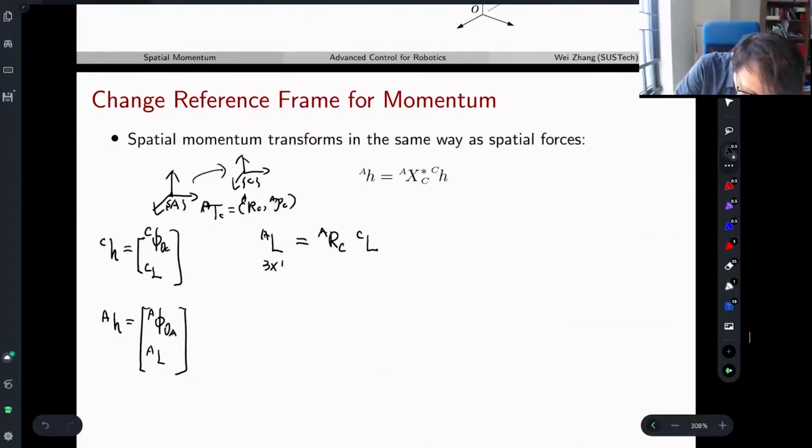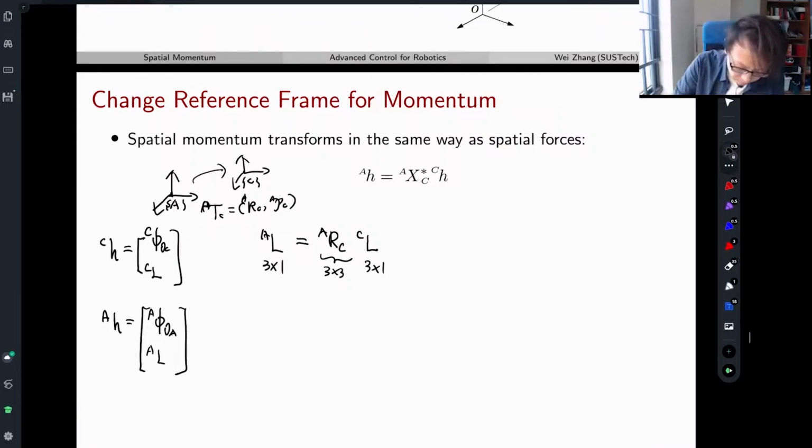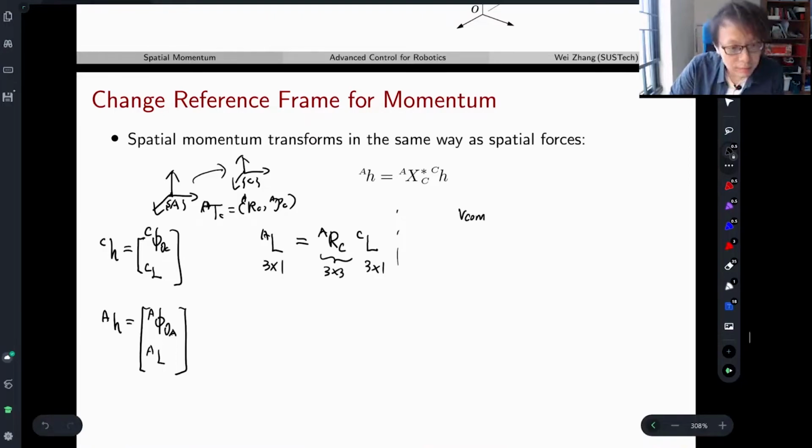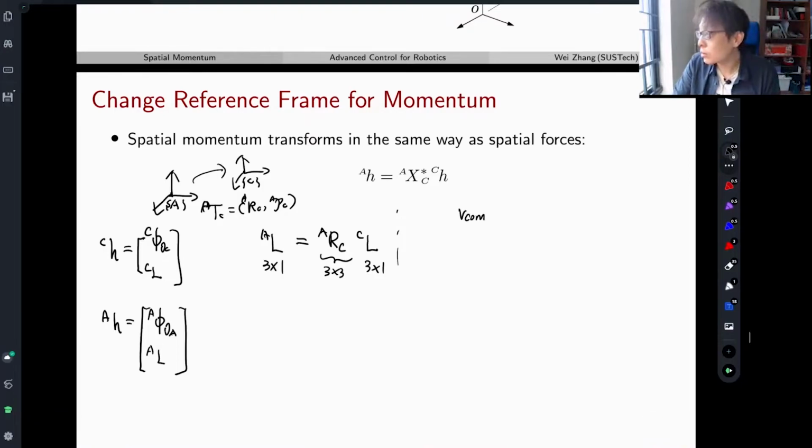In other words, this guy is 3 by 1, and the change of coordinate for orientation is that. So this is nothing but what? Let's say I have a center of mass. That's my vector. It doesn't really matter where my coordinate frame is.